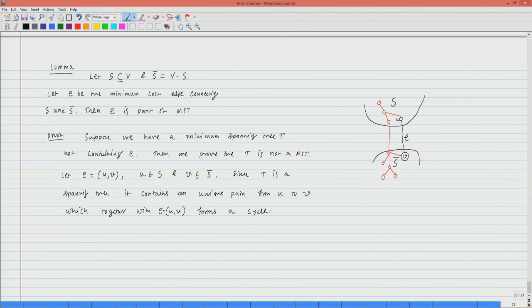See, the red thing is the spanning tree, and since it is a spanning tree, it includes all the vertices. So, it includes U and V also.